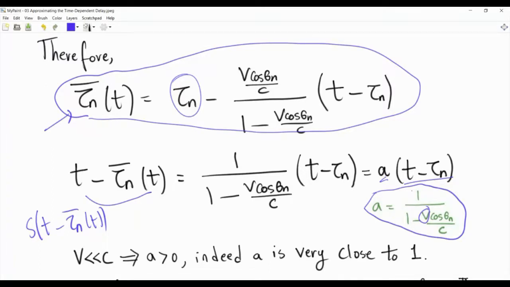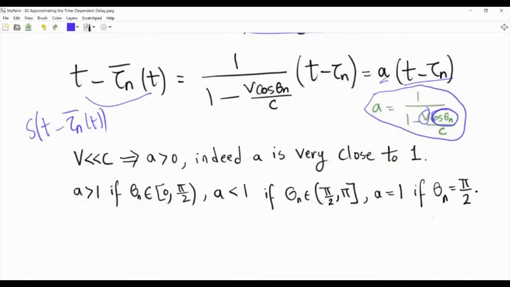Is A greater than 1 or less than 1? This will depend on the angle theta, right? Remember my drawing: the receiver is moving like this, the transmitter is somewhere here, and this is theta n. If theta n is between 0 and pi over 2, then the cosine is positive, and you have 1 minus in the denominator, so A will be greater than 1. If theta n is exactly 90 degrees, then this term will be 0 and A will be equal to 1.